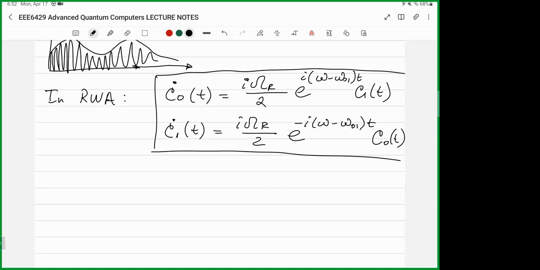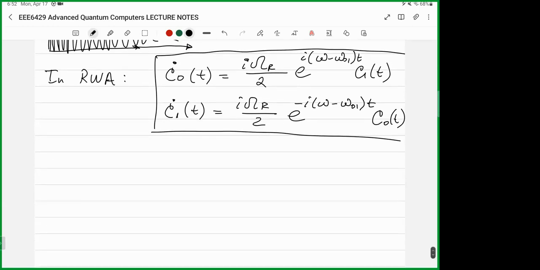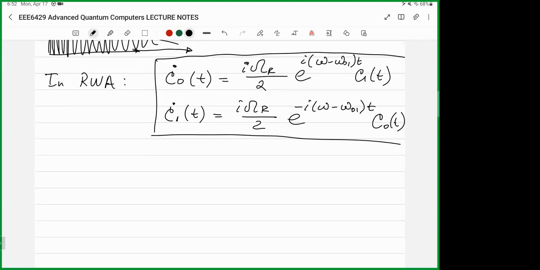So these two are final equations. These equations describe the dynamics of a qubit in an electromagnetic field.